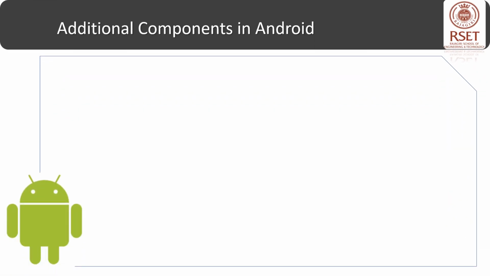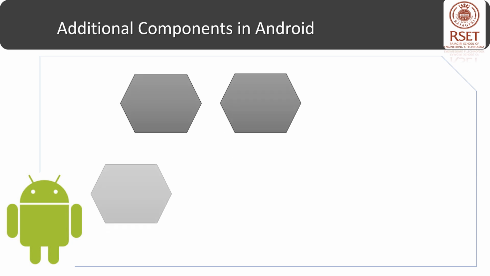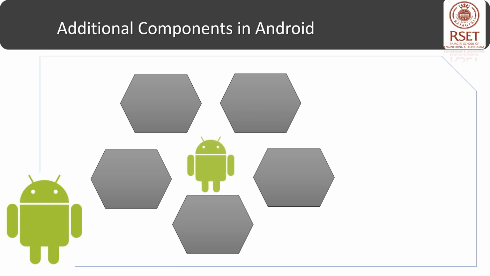Next, we'll discuss the additional components in Android. In Android, we have additional components to build a relationship between the basic building blocks to implement our application logic. There are 5 of them. The first one is fragment. Fragments are components used to represent a portion of the user interface in an activity.